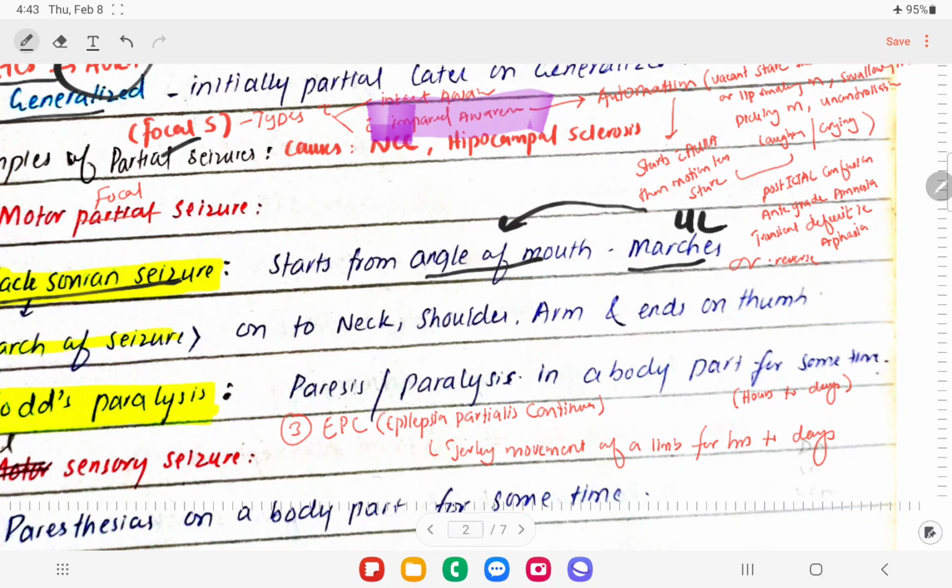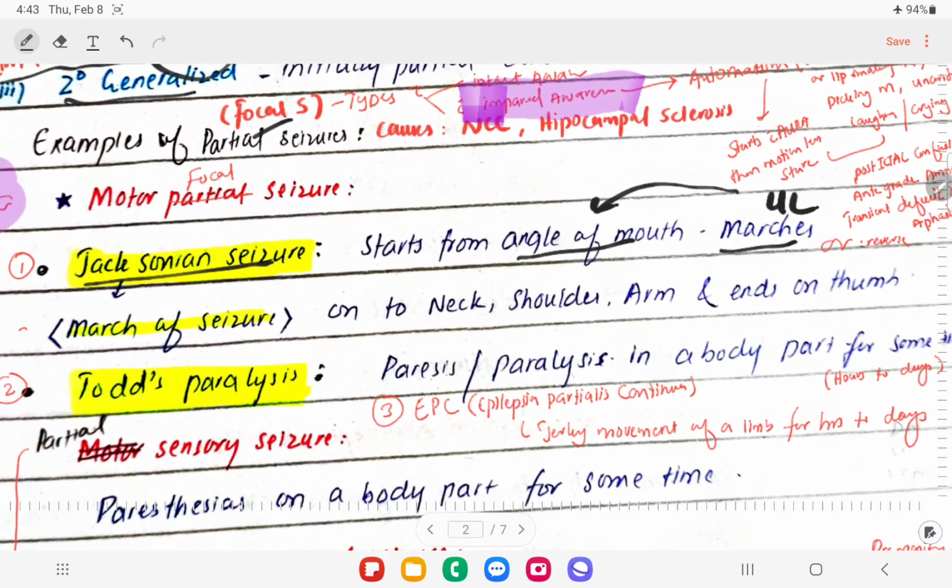So this is the seizure where the jerks, twitching-like activity start from the angle of mouth and then spread to the upper arm till the hand, or it can start from the hand and ascend upward, because in the motor cortex, the face area and upper limb area are near to each other, right?